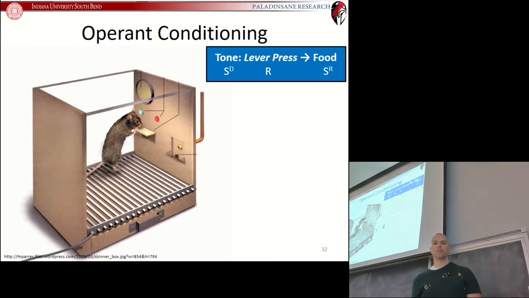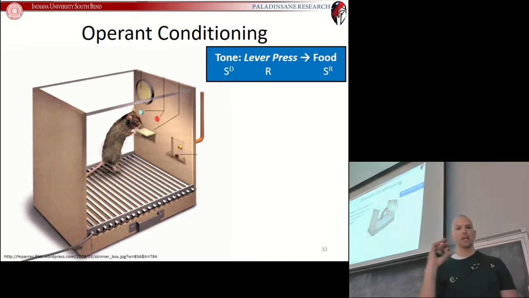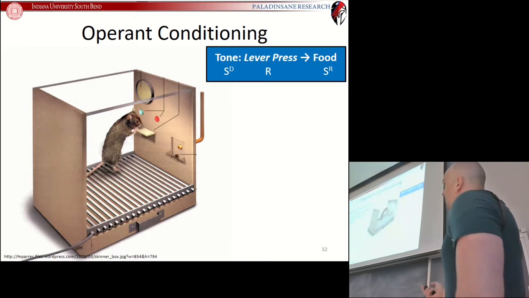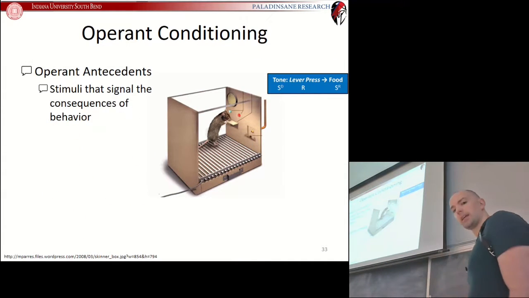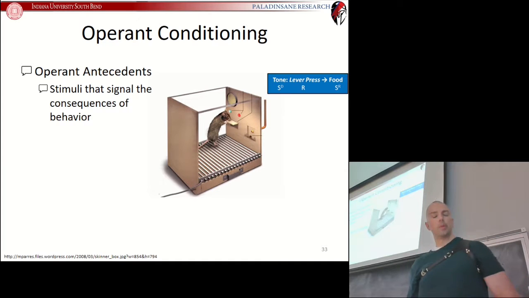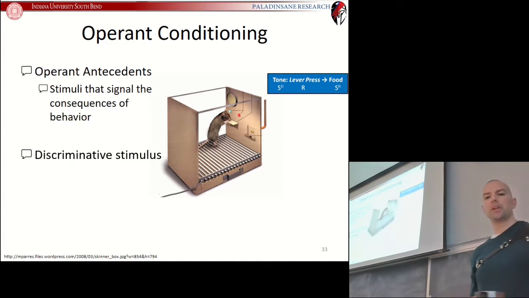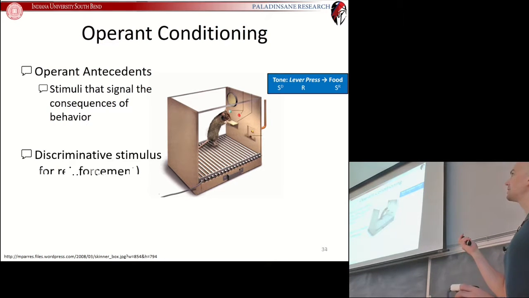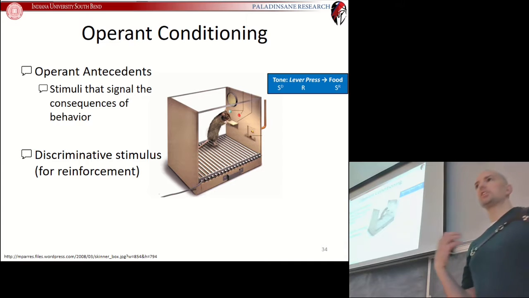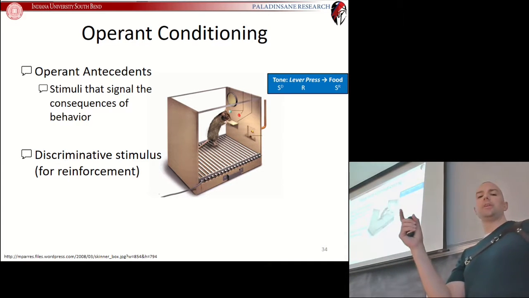So depending upon what the operant antecedent is signaling, it has different names. In this case, it's known as a discriminative stimulus.